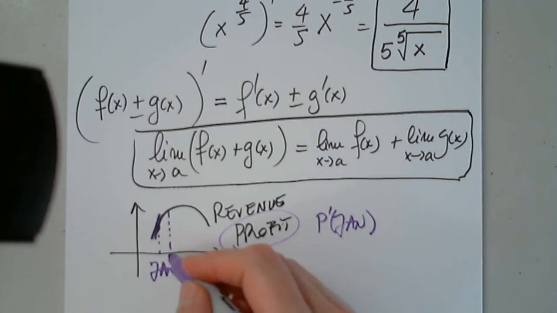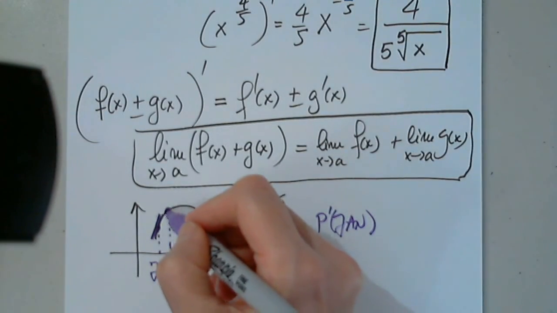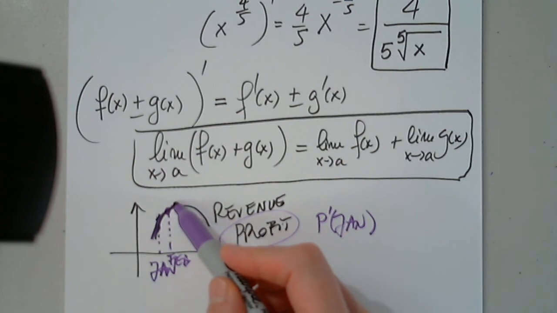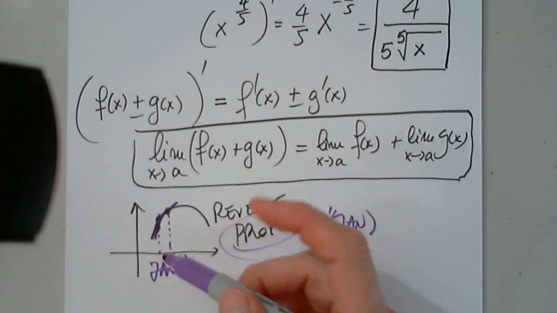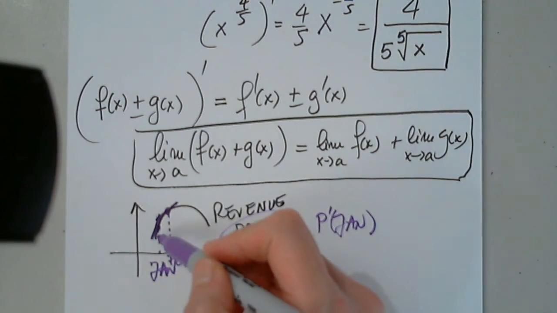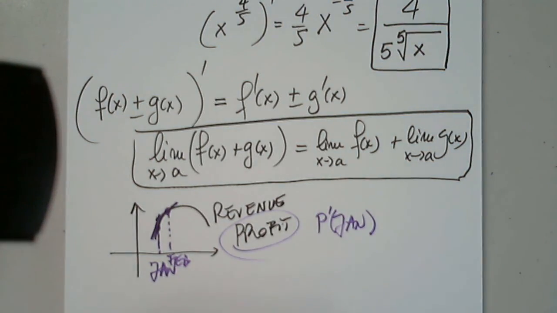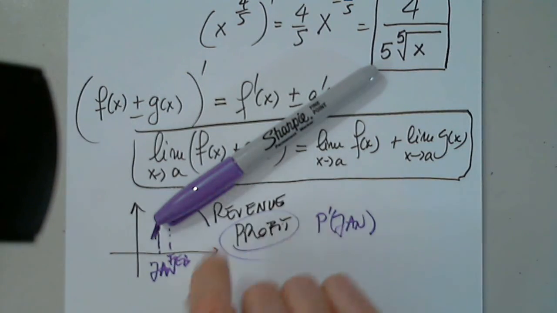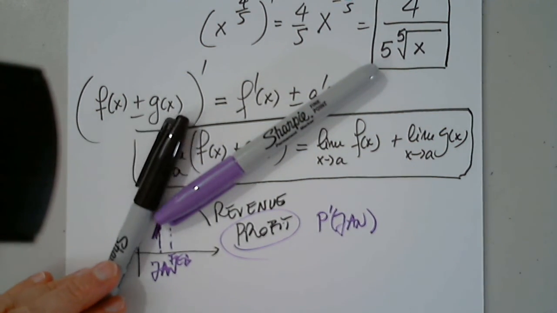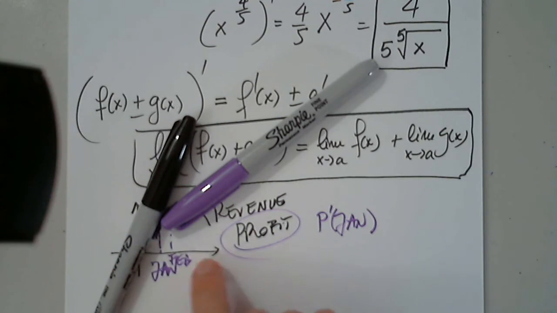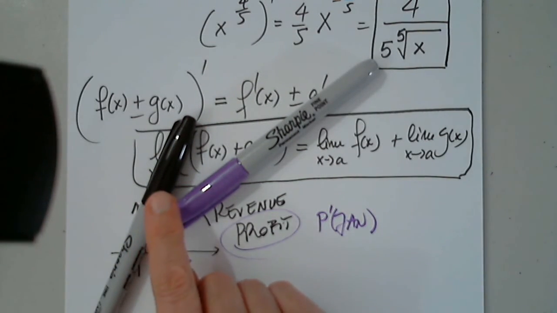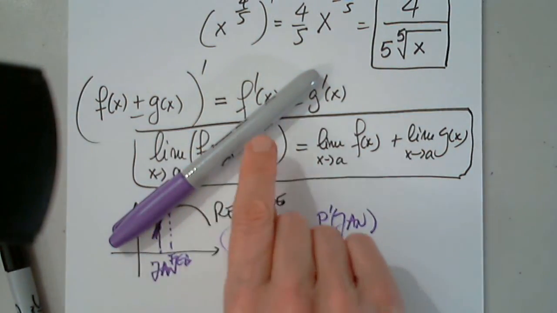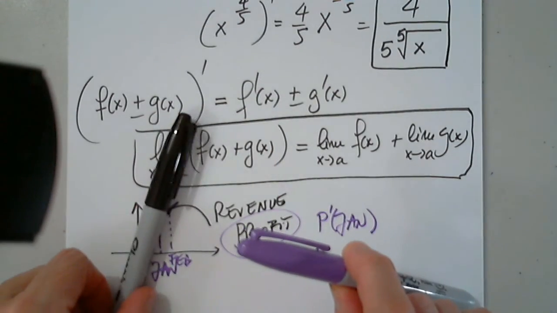But then in February, we go to the boss and say, watch out, your profit is still positive, still increasing, but the rate of increase is smaller than it was in January. The slope of this line is smaller than the slope of this line. In January, the profit was increasing at a much faster rate.